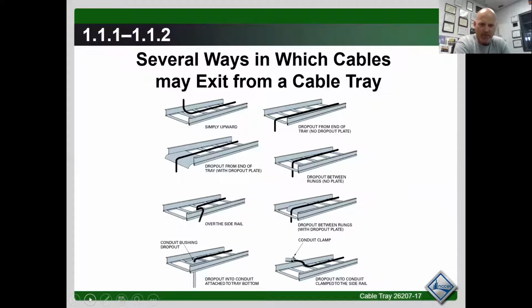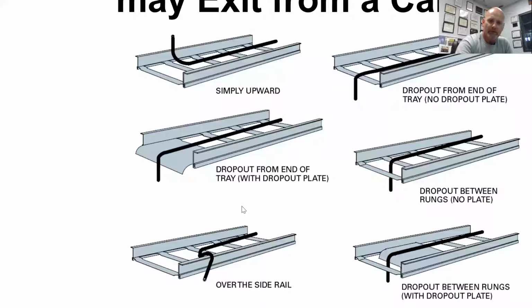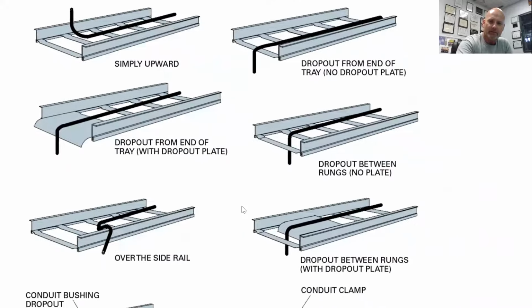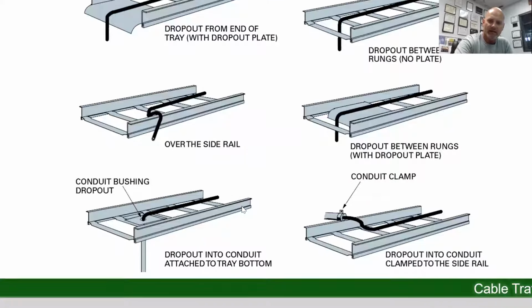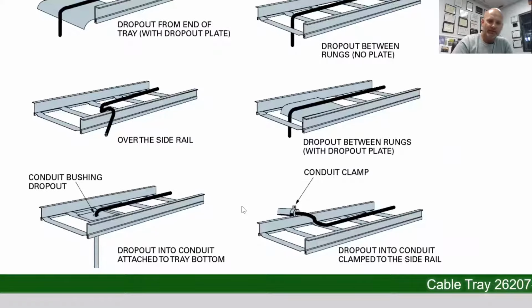Obviously I have vertical up, vertical down, and even on that drop out from the end, it can't be a direct 90. You really got to protect that. Of course, you scroll down right here, you have your dropout plate, dropout between the rungs, over the side, and so forth. But you definitely, like I said, you got to make sure that you protect your cables.